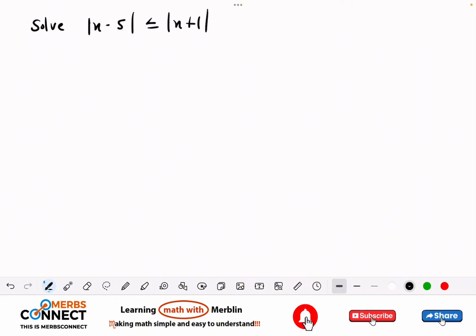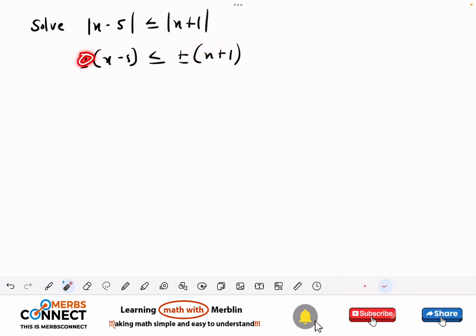So if I'm using the idea of what we just learned, the other one, then this one will be plus or minus x minus 5 less than or equal to plus or minus x plus 1. So how many permutations am I going to do? I'm going to pick positive here, positive here; positive here, minus here; minus here, positive here; minus here, minus here. Some will work, some will not work. Do you get it? So that's the idea. When you finish, you combine all of them on the number line, then you solve.